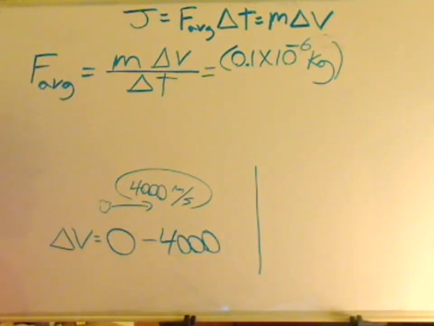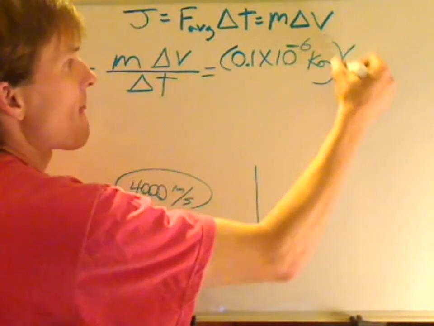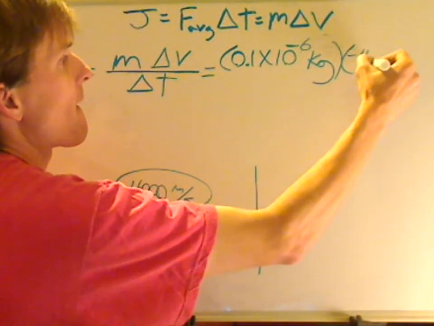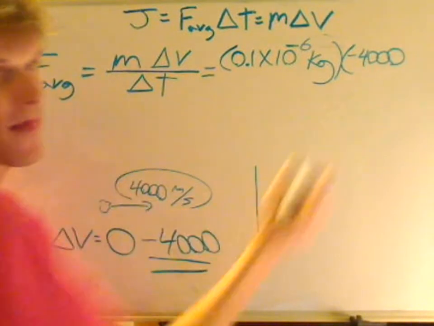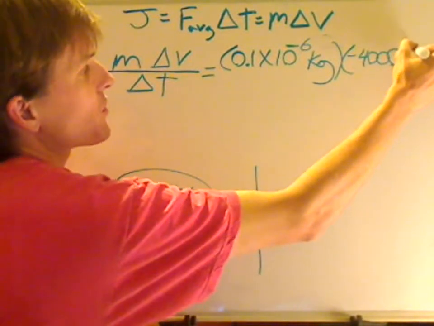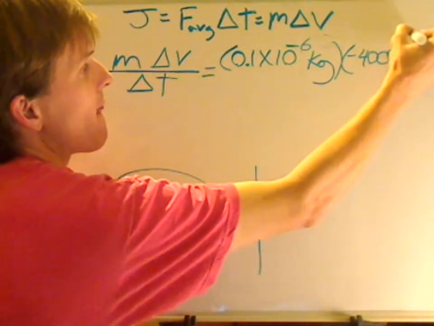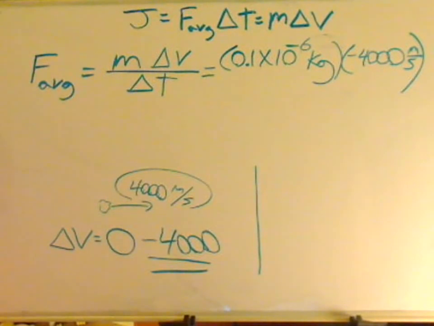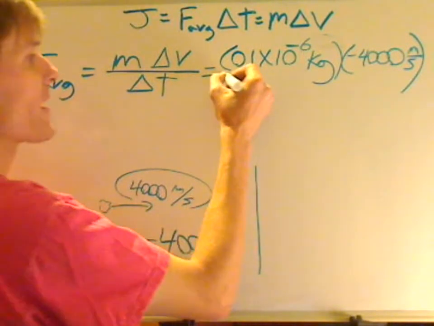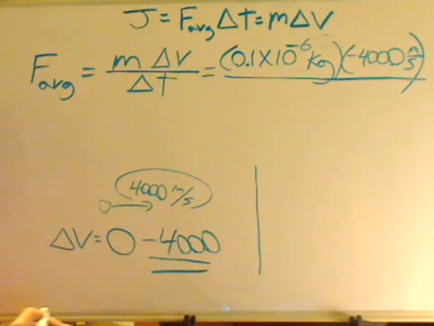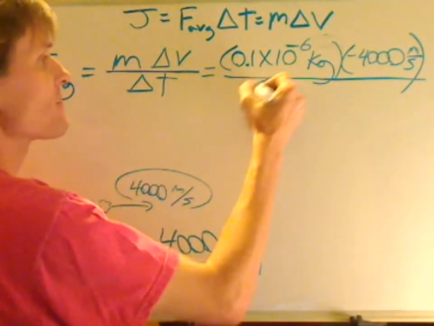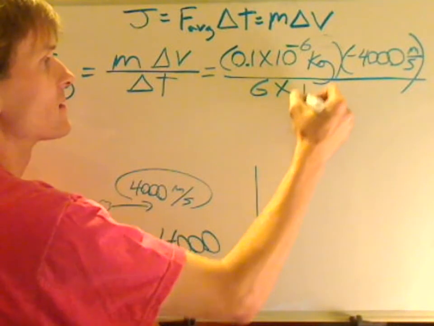So the change in velocity then is minus 4,000 meters per second, divided by delta t. And we're told the time over which the collision occurs is 6 times 10 to the minus 8 seconds.